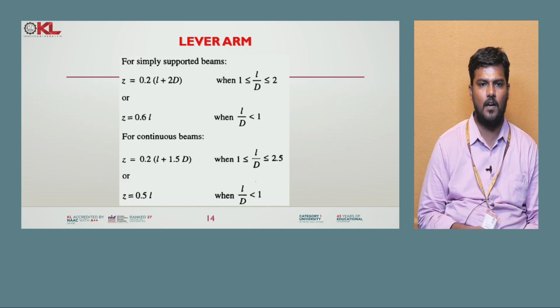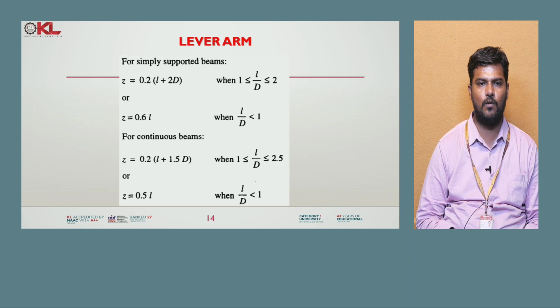And coming to the lever arm, that is the Z value for simply supported beams. Z is equal to 0.2 into L plus 2D, when L by D is greater than or equal to 1 and less than or equal to 2, or Z is equal to 0.6 L, when L by D ratio is less than 1.